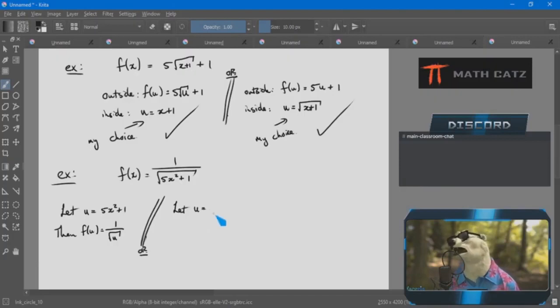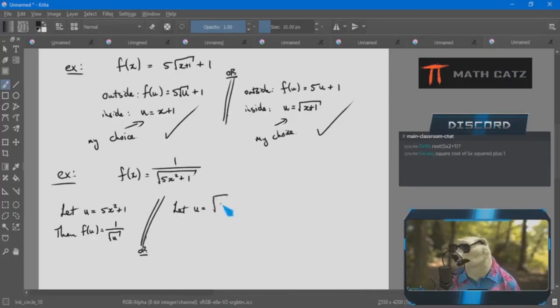Maybe not. Can I see another choice for an inside function? I'm not saying you were wrong, I just didn't quite understand. The first thing I have to do is define u. I can't use it before it's defined.